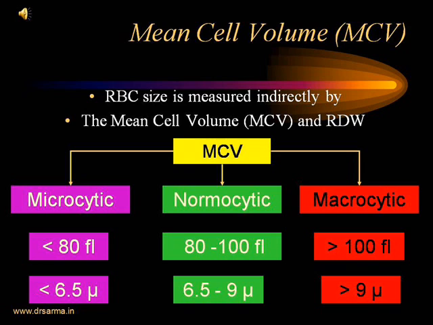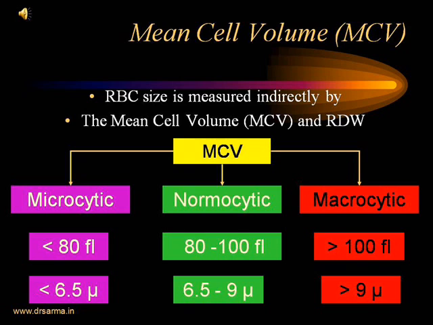We will see in a moment what RDW is, but let us look at the MCV. MCV normally is around 90 femtoliters. The range is 80 to 100 femtoliters. This 80 to 100 femtoliters in the green box shown here corresponds to the 6.5 to 9 microns size of the RBC.